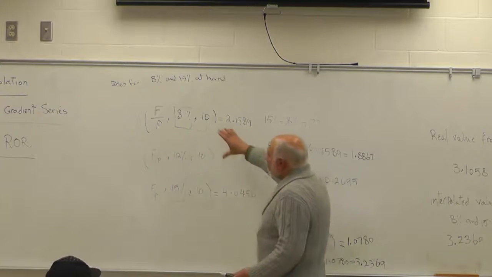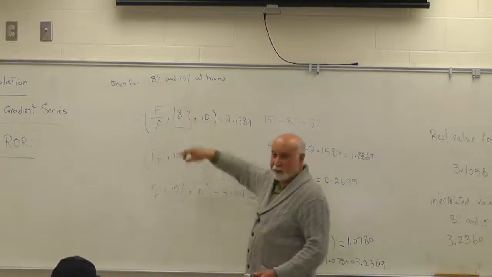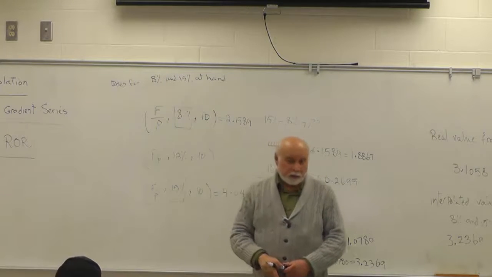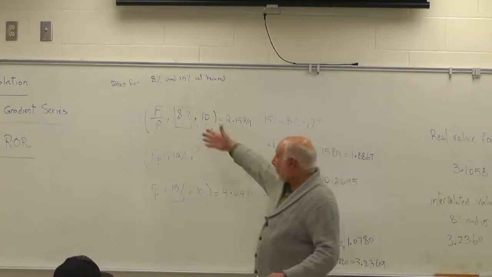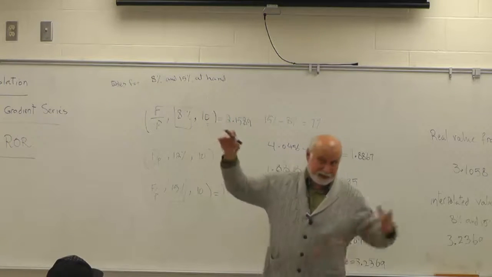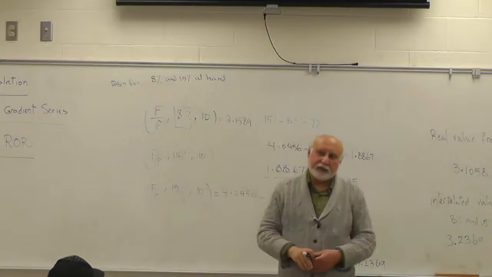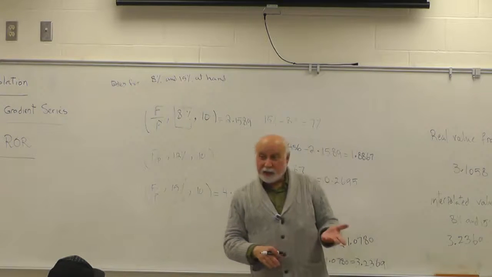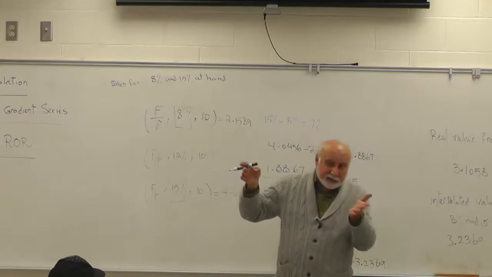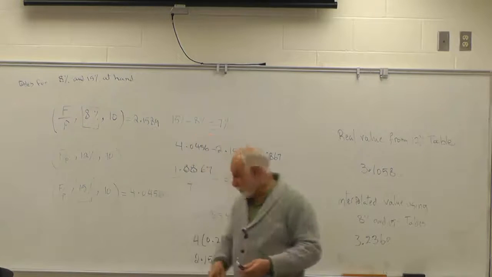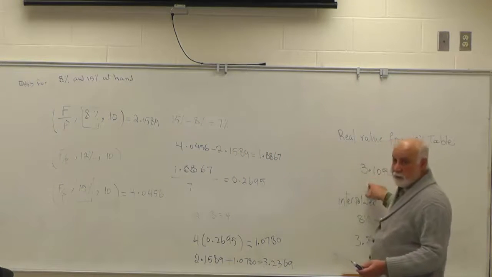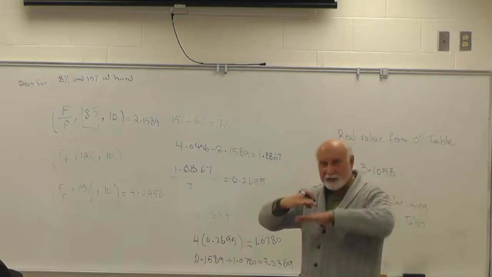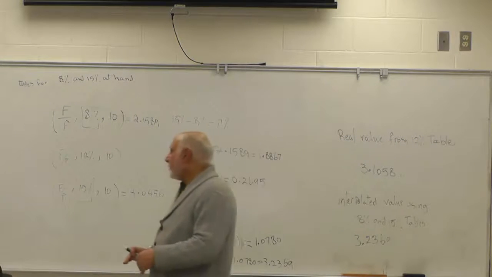Now, the less the difference between these tables, the more accurate the number gets. In here, I have interpolated between 8% and 15%. Had I interpolated between 11% and 13%, I would have gotten a very close number to this number. So the difference makes that.